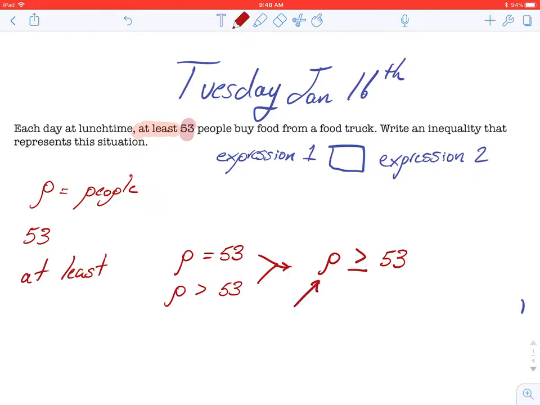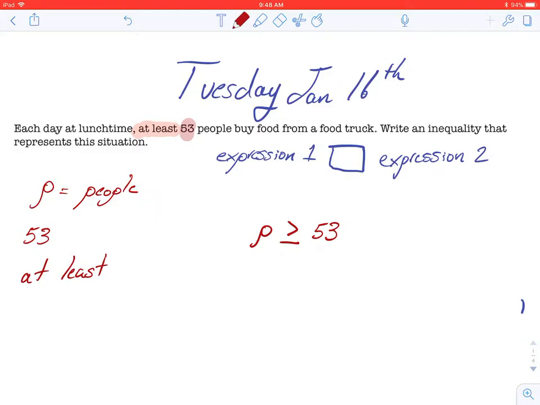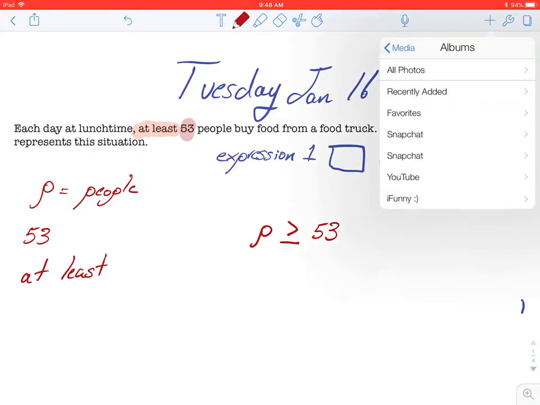The number of people that are going to go to my food truck every day is greater than or equal to 53. But now let's figure out how we would graph this inequality. What would this look like on a number line? Let me go ahead and put in a number line in here.